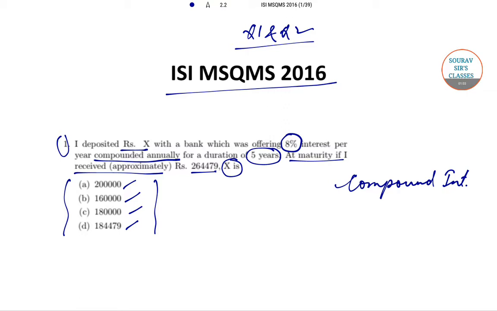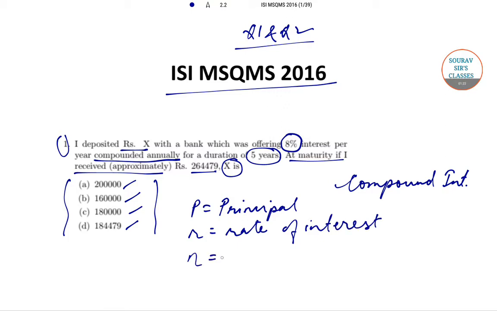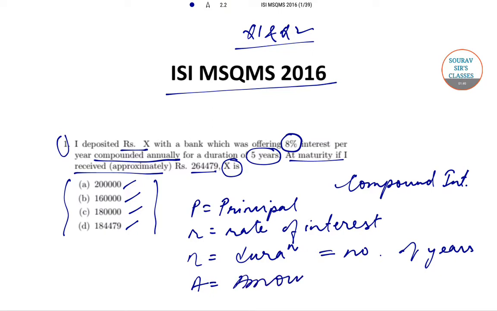Now we know that the formula for compound interest is given by, if P is the principal, R is the rate of interest, N is the duration, or in this case the number of years, and A is the final amount that we get after maturity.